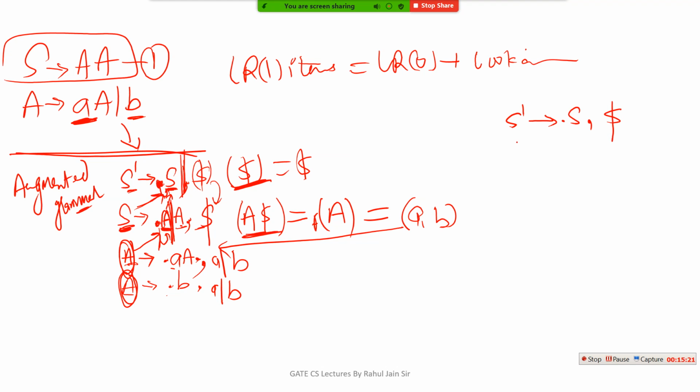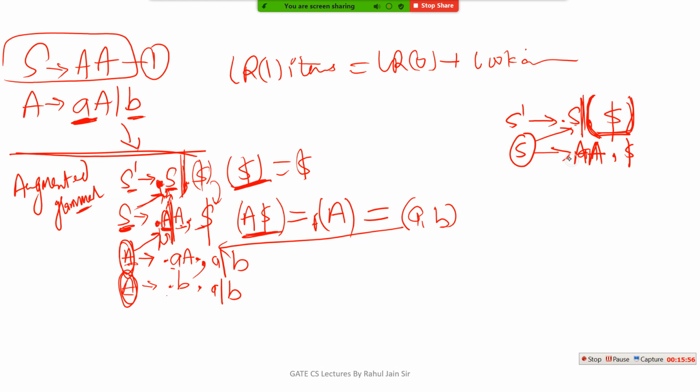Next, this dot is before this S, so I will take the transition: S derives AA. The look ahead of this will be determined from what is after this S. After this S I am getting only dollar, so we take first of whatever remains after traversing it. First of dollar is nothing but dollar, so the look ahead of this S would be dollar.